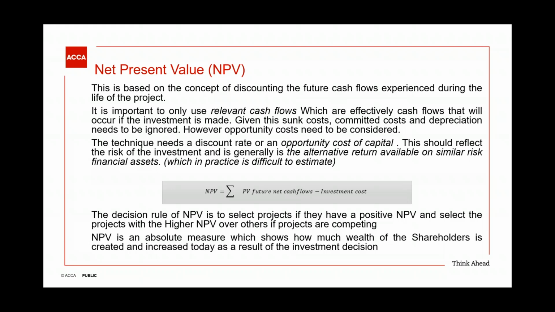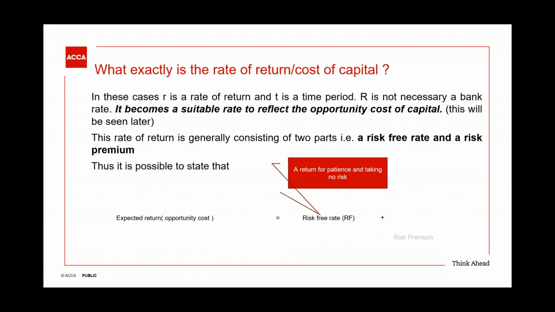So the decision rule with regard to the NPV is simply pick a project as long as its NPV is positive, because it adds to shareholder wealth creation today. And that's what the net present value is all about. So if you're trying to choose between two mutually exclusive projects, one can always opt for the higher NPV over the other project, because the potential for creating shareholder wealth is much higher. Okay, so I went through this.